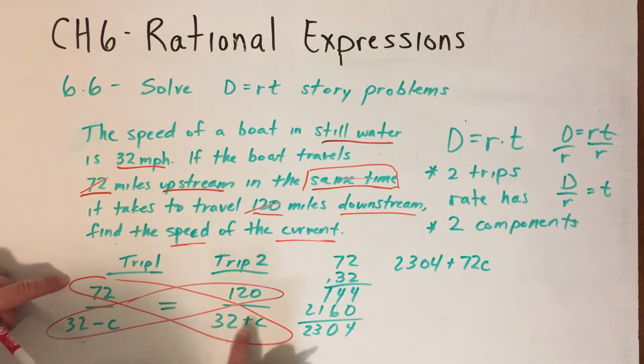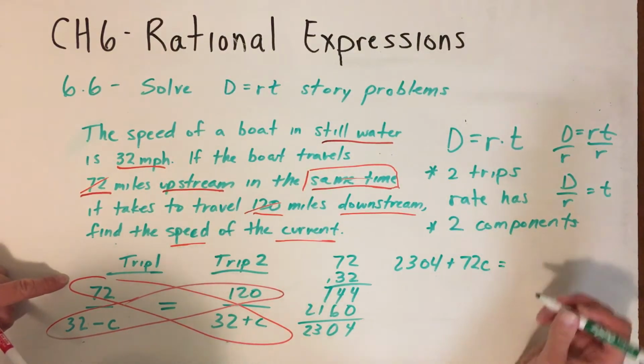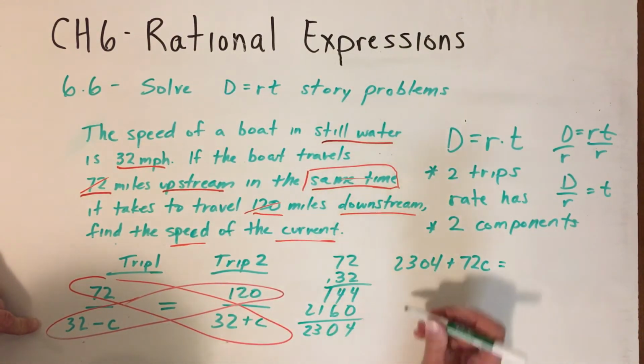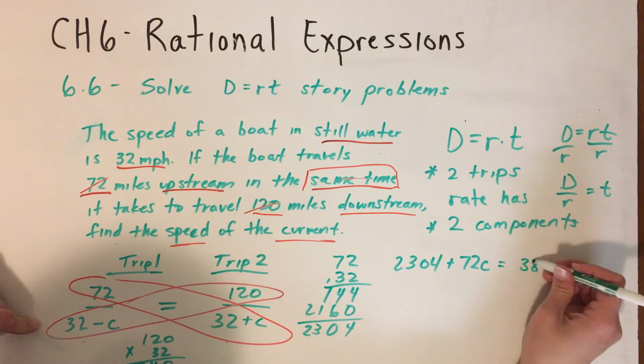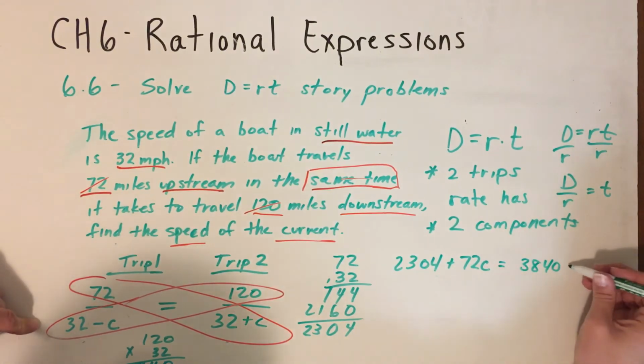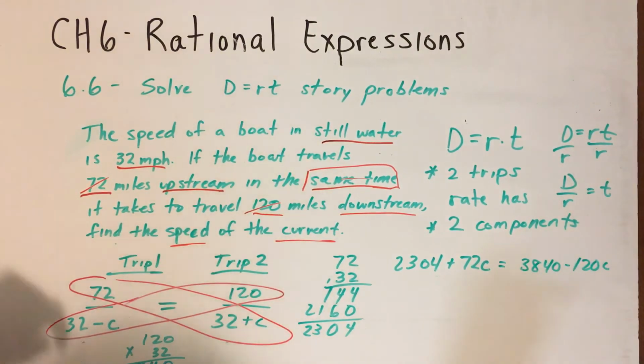That's multiplying this times this. And then I'm going to get 120 times 32, which is 3840, minus 120c.